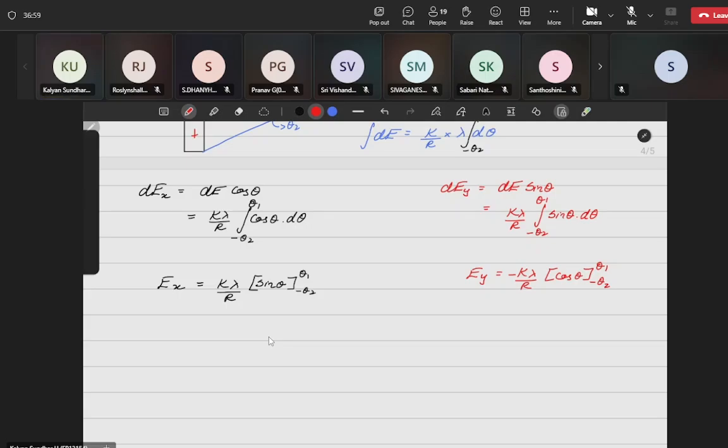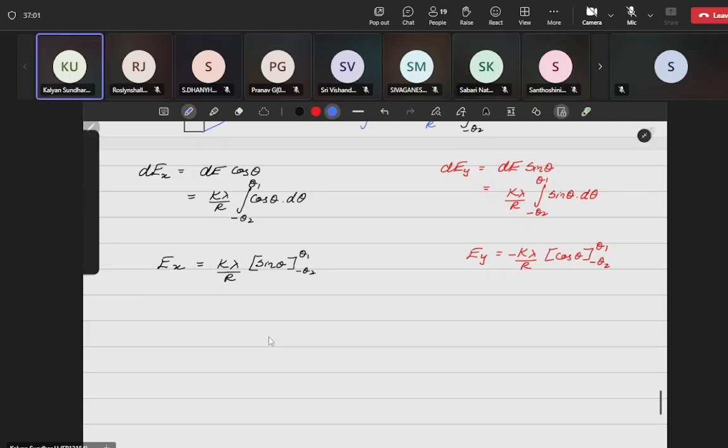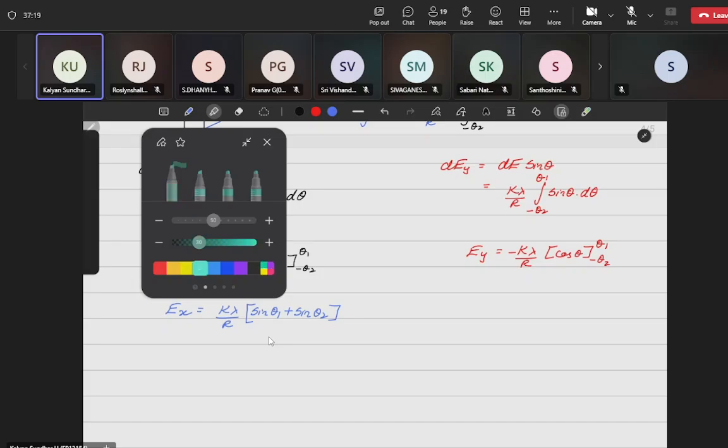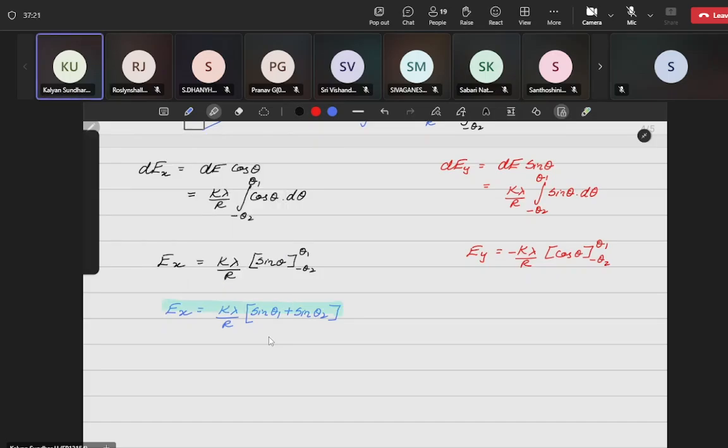Correct? Now if the limits are there, how can we apply them? Ex will be equal to K lambda by r (sin theta1 minus of minus, which will become plus), so sin theta1 plus sin theta2. This is the electric field along the x-axis due to a rod.